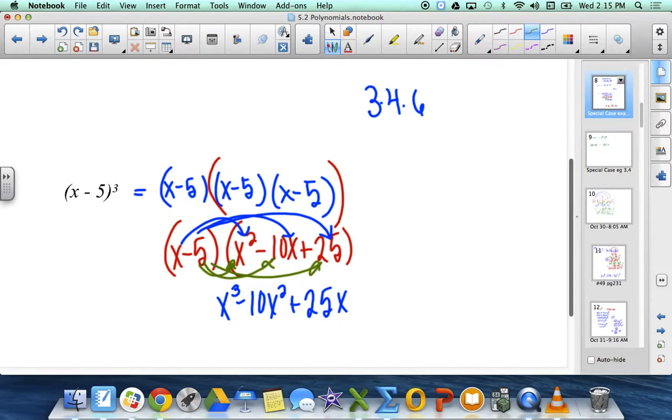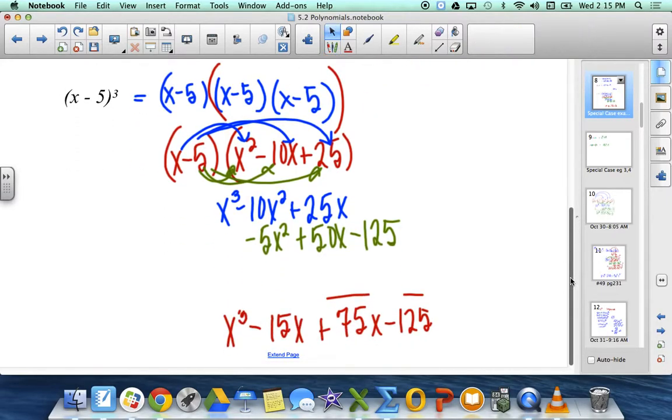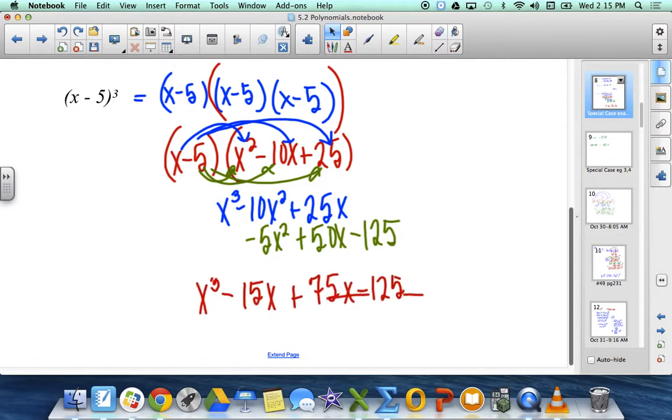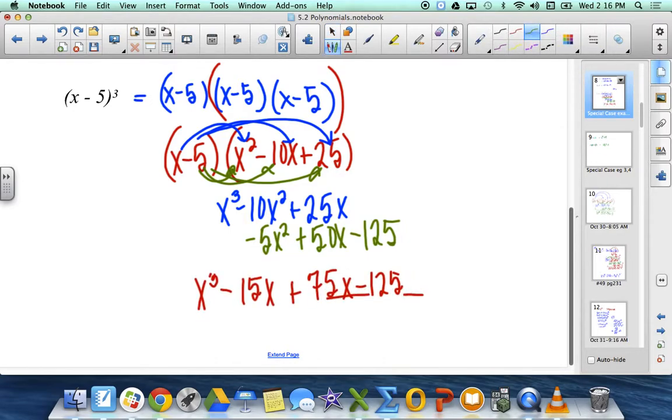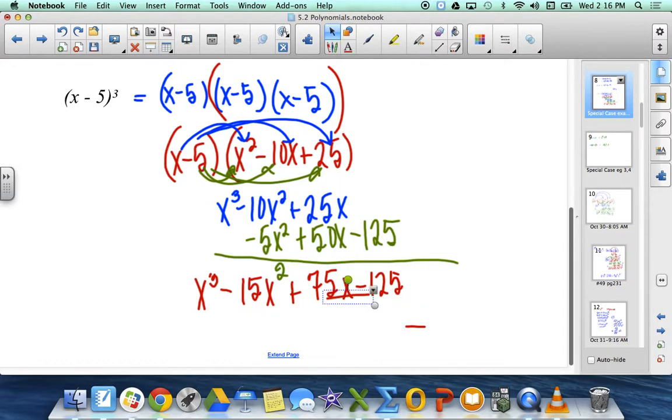We get -5x squared, minus a minus is plus 50x, minus 125. We add these together and we get x cubed plus 15x squared plus 75x minus 125.